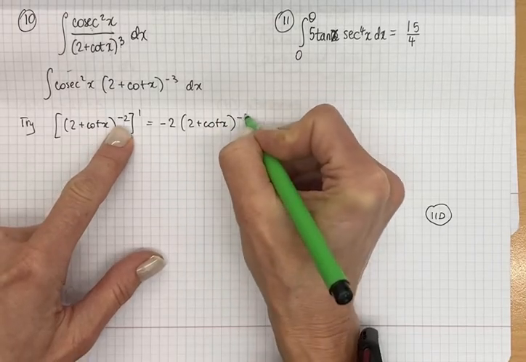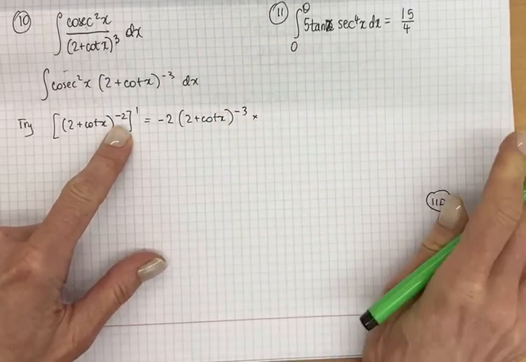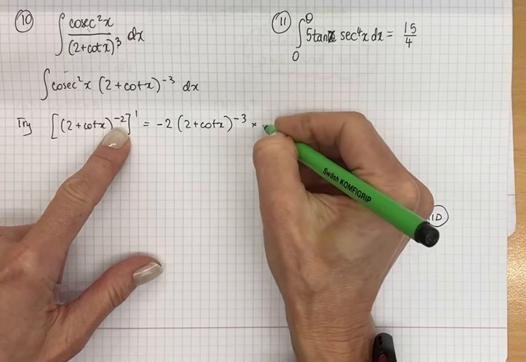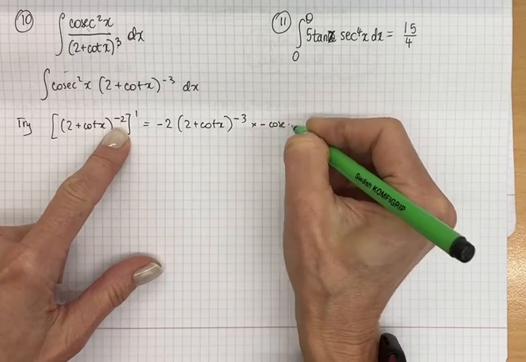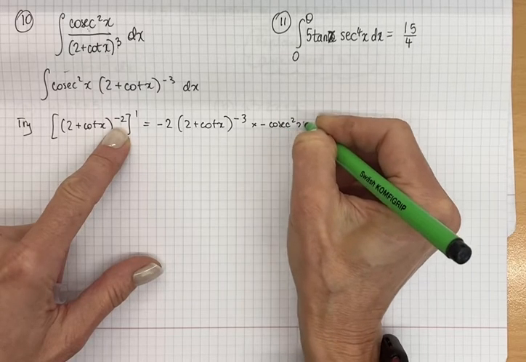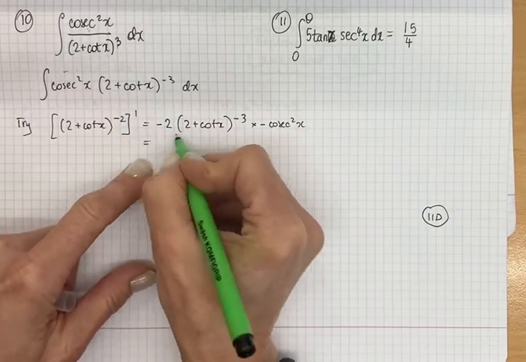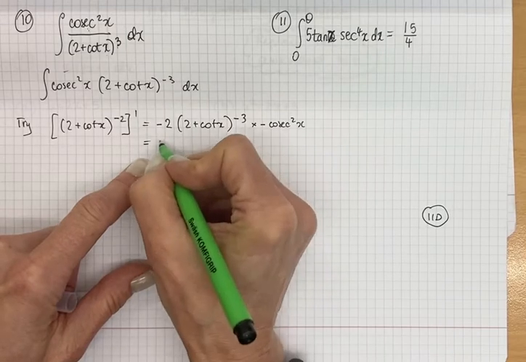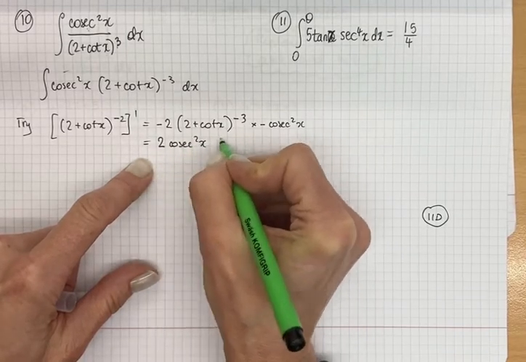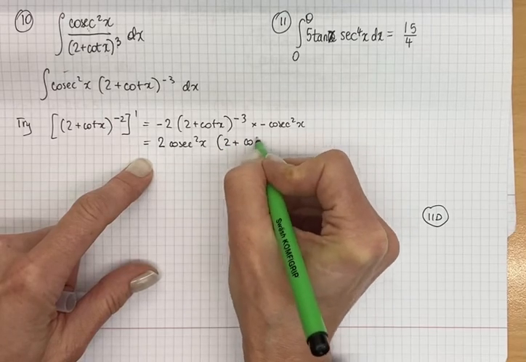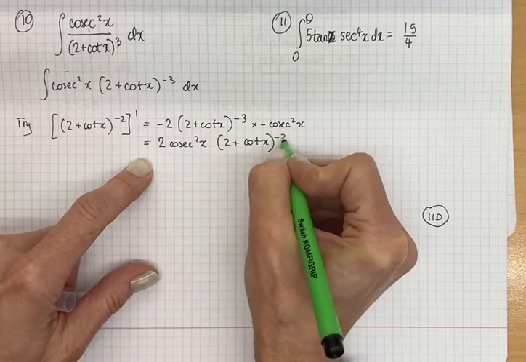Take away 1 from the power, you get minus 3, followed by cot differentiated. So cot goes to minus cosec squared x. So if you multiply minus 2 by minus 1 here, that will be 2. Let's put cosec squared x at the front, and it's 2 plus cot x to the power of minus 3.